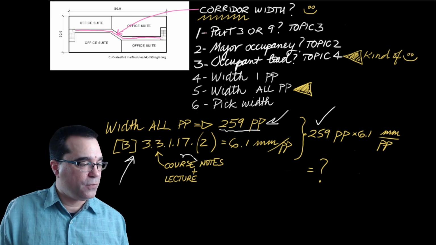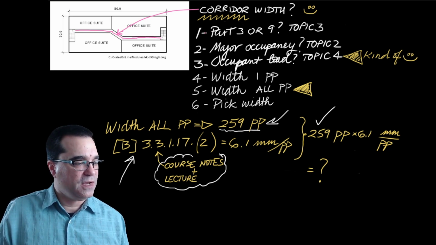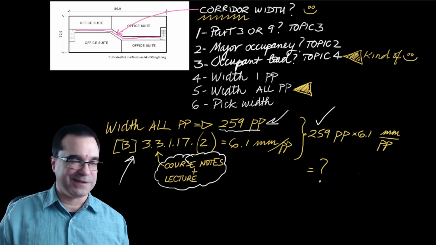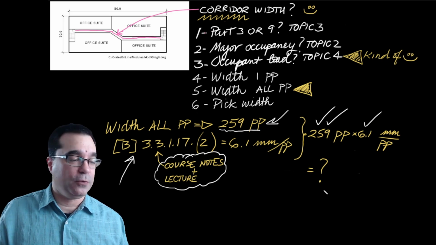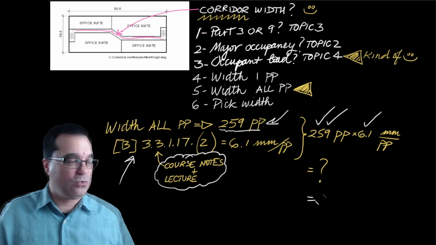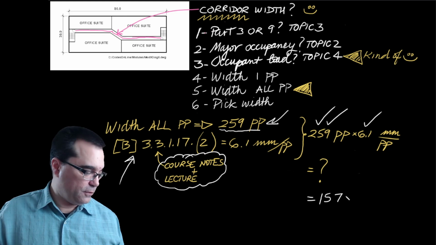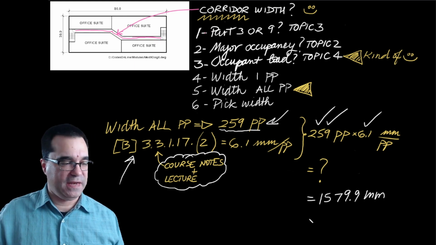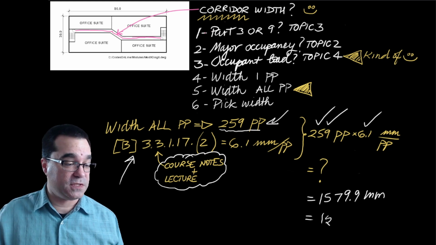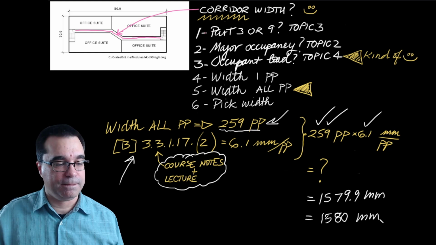And if you're not sure how we got that, check out the course notes or the lecture video that allowed you to get here. So we do 259 people times 6.1 millimeters per person equals 1,579.9 millimeters. And you usually round this up to the nearest millimeter, 1,580 millimeters.